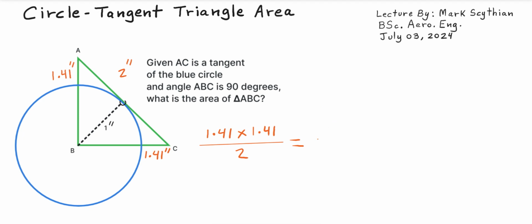And then we get 0.994405 square inches, which is approximately 1.0 square inches triangle.